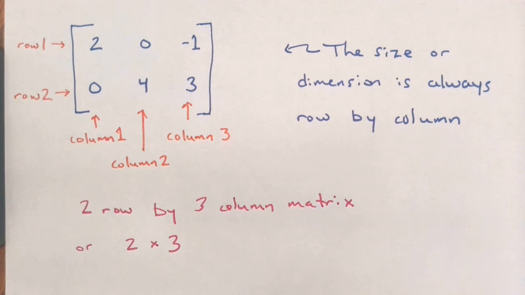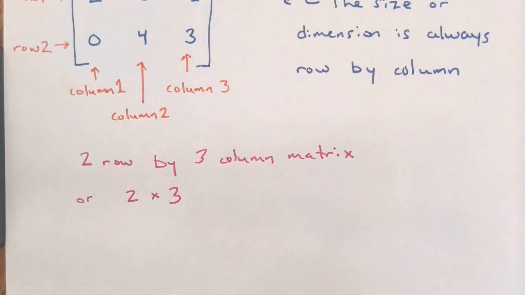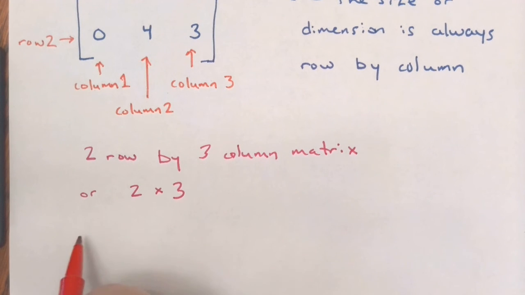When you talk about what those look like, we use a lowercase a, and then as a subscript, the row and column number.